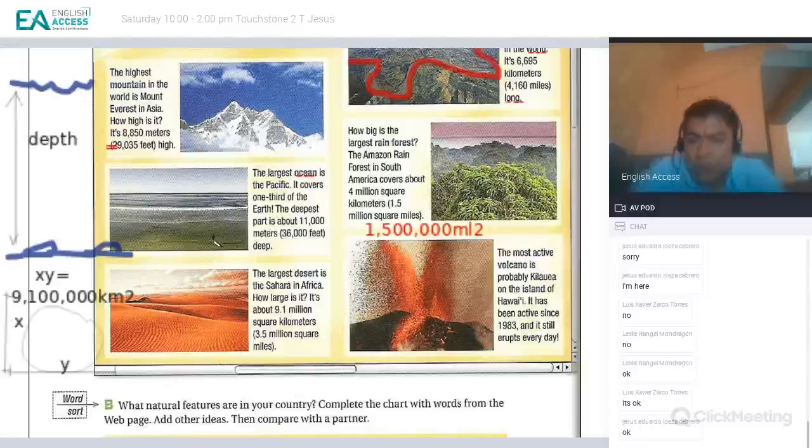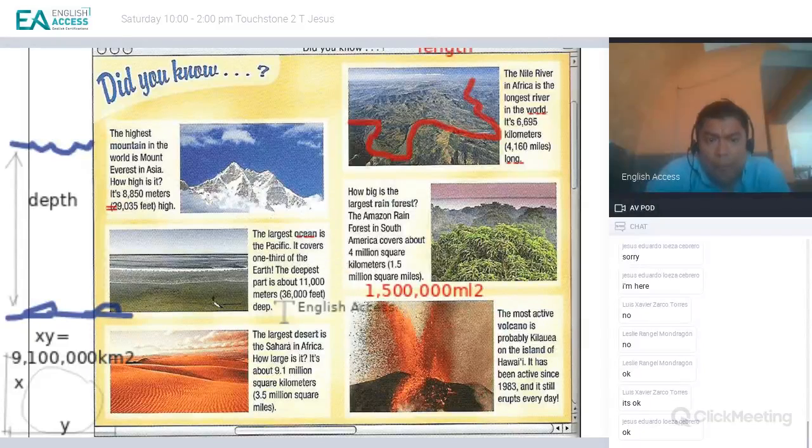So in about 3 years, it will have been active 30 years. 93, 2003, 2013, 40 years. Wow, what are my mathematics? So this is the most active volcano.